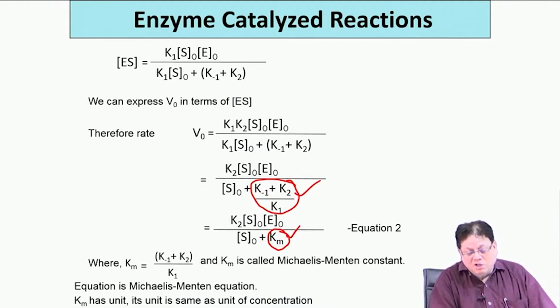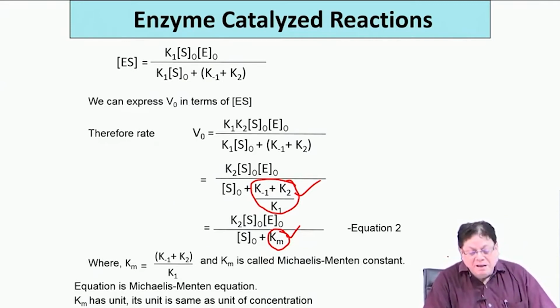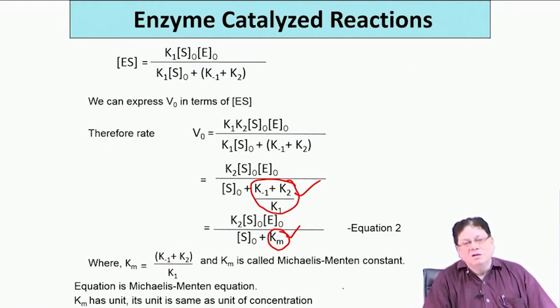This is called a new constant, Km. Usually k minus 1 or k1 are much greater than k2, so in all practicality you can disregard k2, and that makes Km equal to k minus 1 by k1, which is actually the dissociation constant of the enzyme-substrate complex.